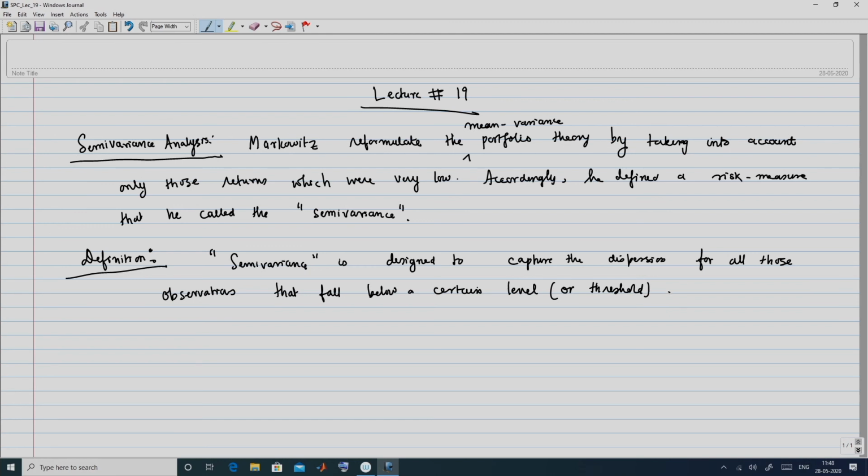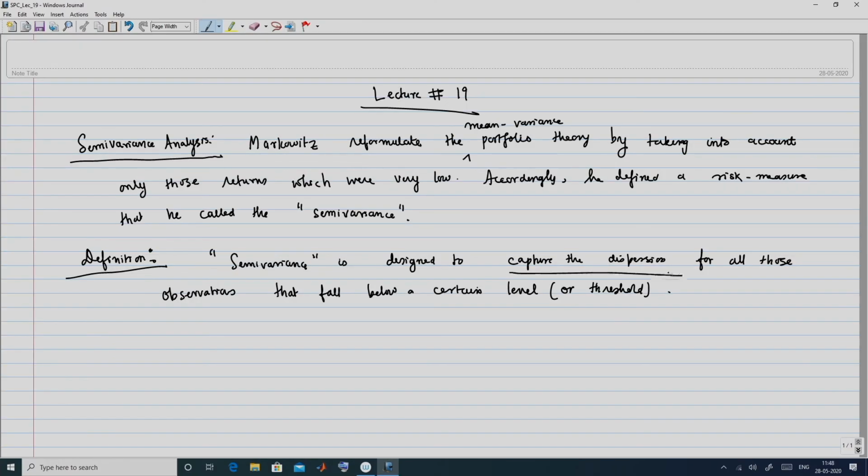So, semi-variance by this statement we have said that it tries to capture the dispersion. So, it is designed to capture those dispersion for observations which fall below a certain level.